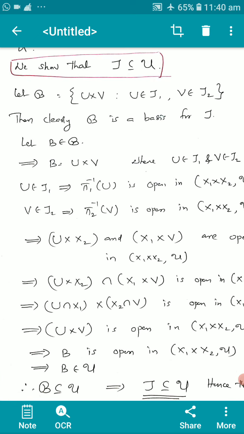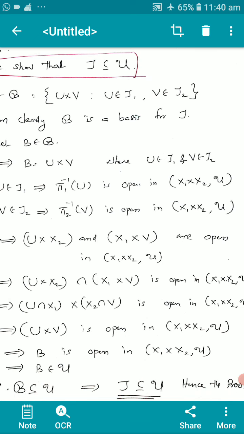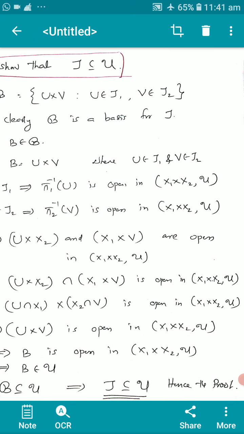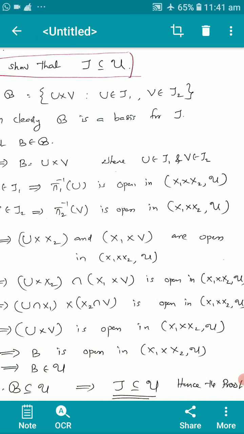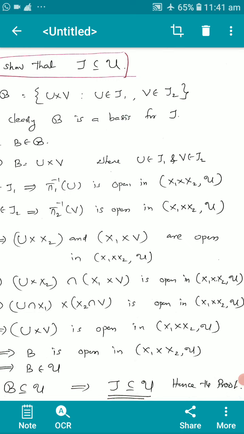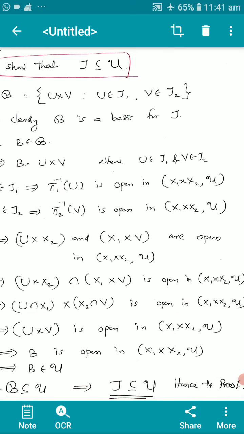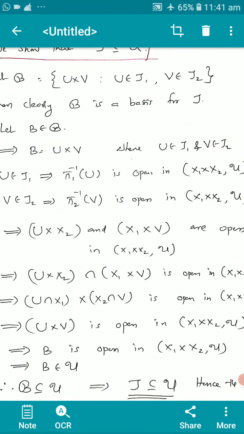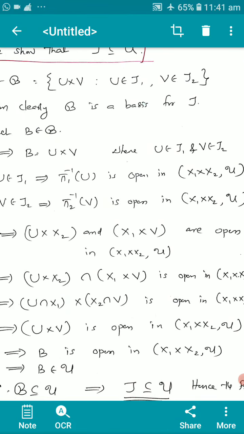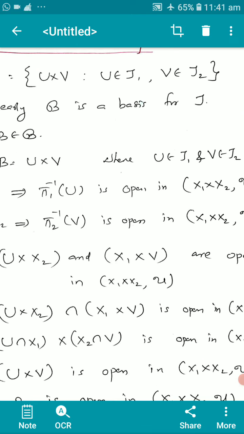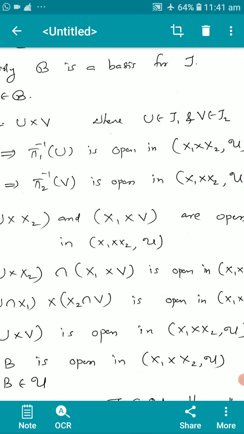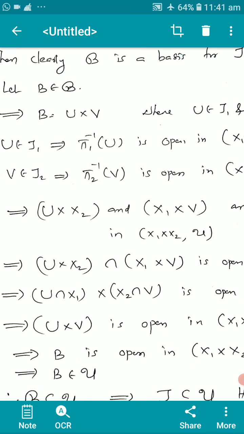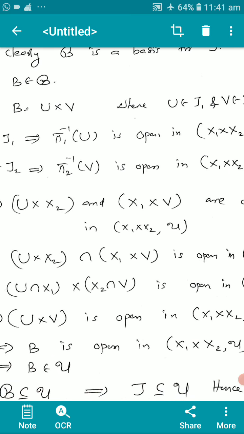So u in tau1 in the sense pi1 inverse of u is open in x1 cross x2 with topology U. v in tau2 implies pi2 inverse of v is open in the product space x1 cross x2 with the corresponding topology U. This implies u cross x2 and x1 cross v are open in x1 cross x2, U. Both are open sets.